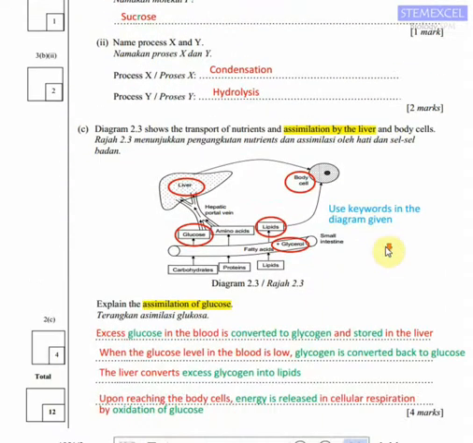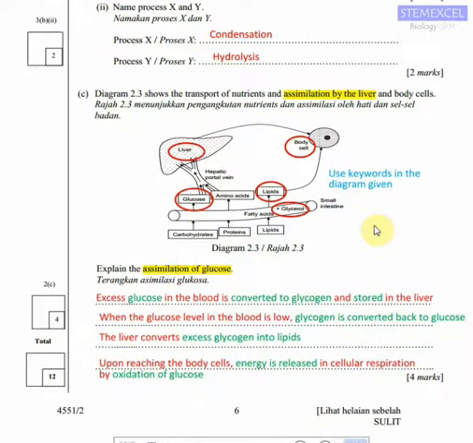And then moving on to another diagram here, 2.3 is talking about the transport of nutrients and assimilation by the liver and body cells. So you are required to explain what is this assimilation of glucose.